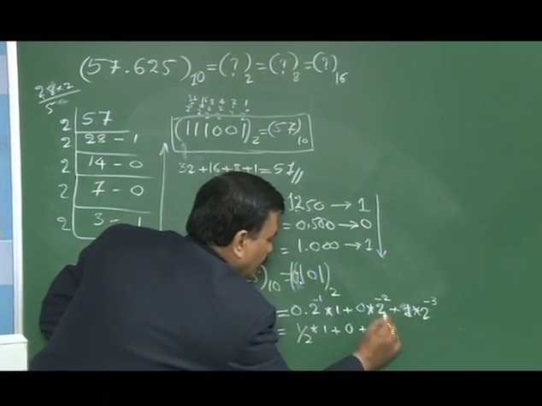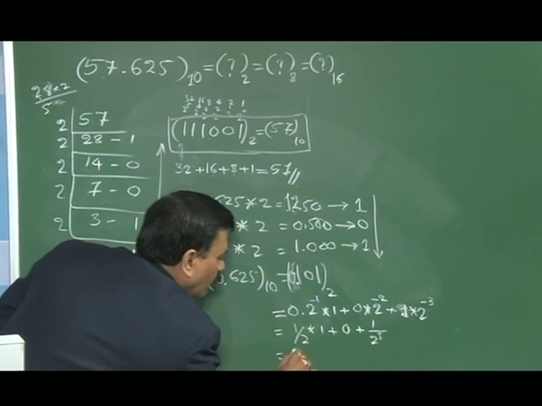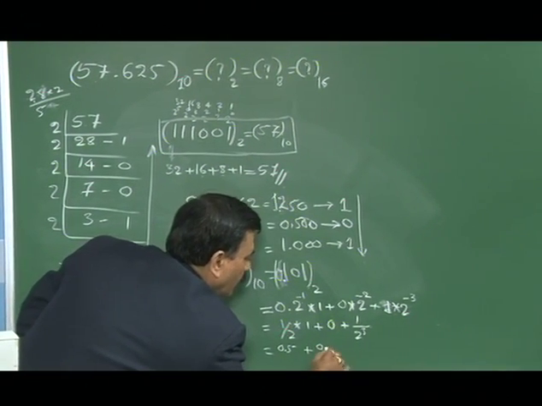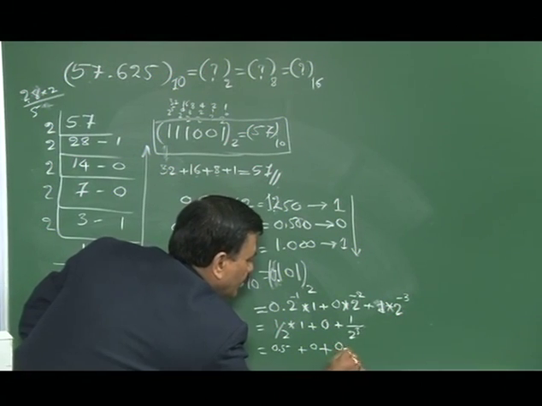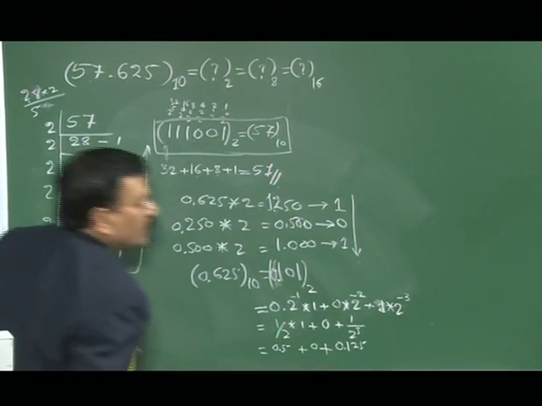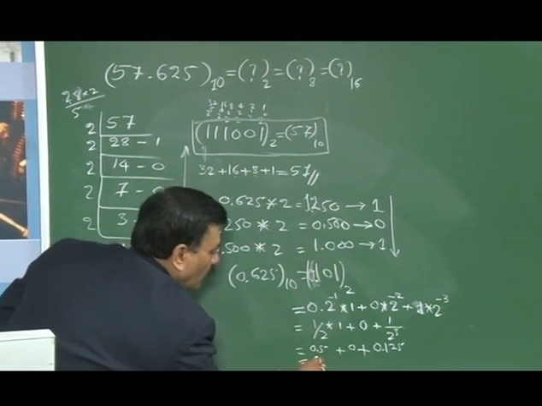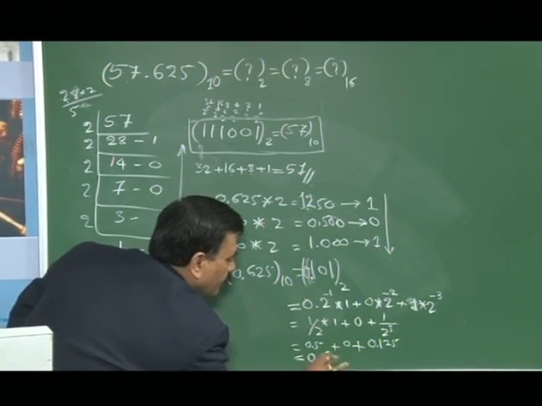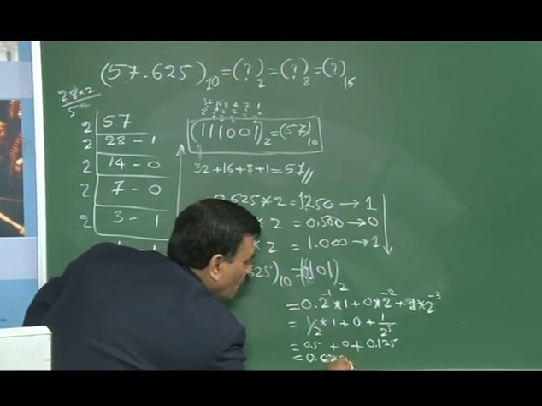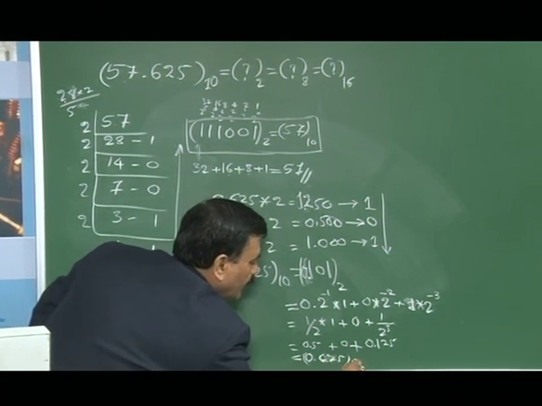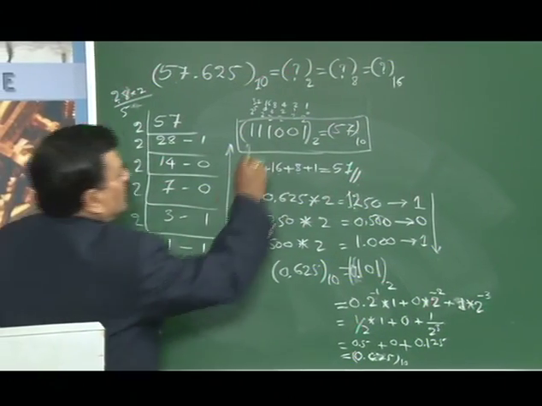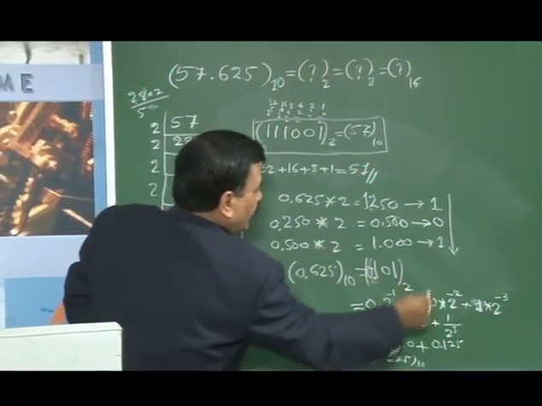This is nothing but 0.5 plus 0 plus 0.125. So then this is equivalent of 0.625 base 10 value.